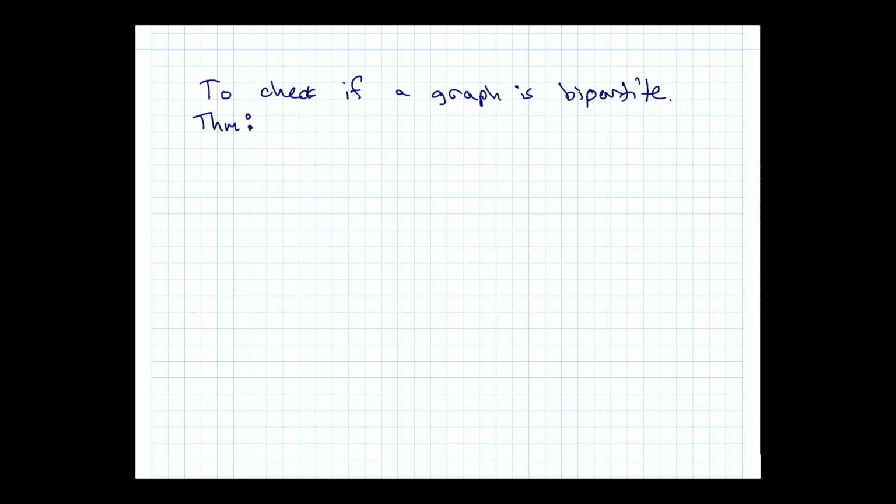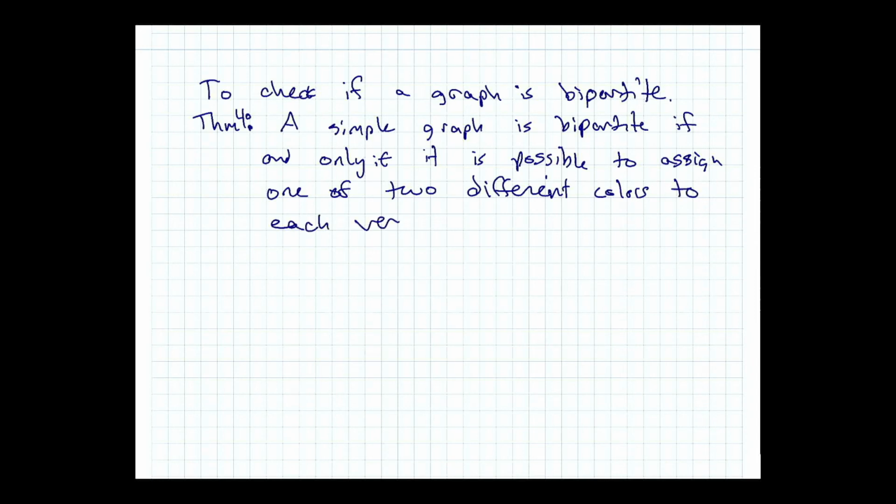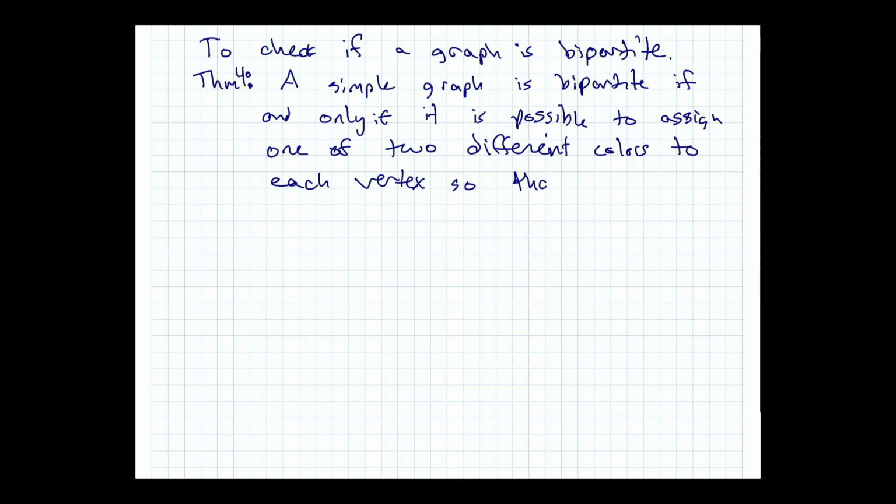This theorem says, this is theorem 4, I guess: a simple graph is bipartite if and only if it is possible to assign one of two different colors to each vertex so that no two adjacent vertices have the same color.